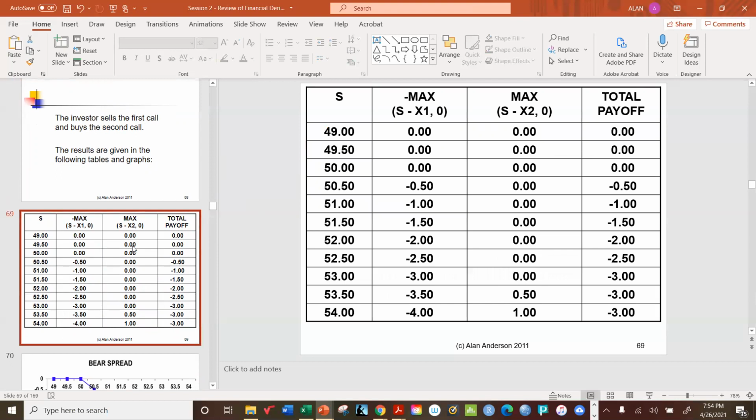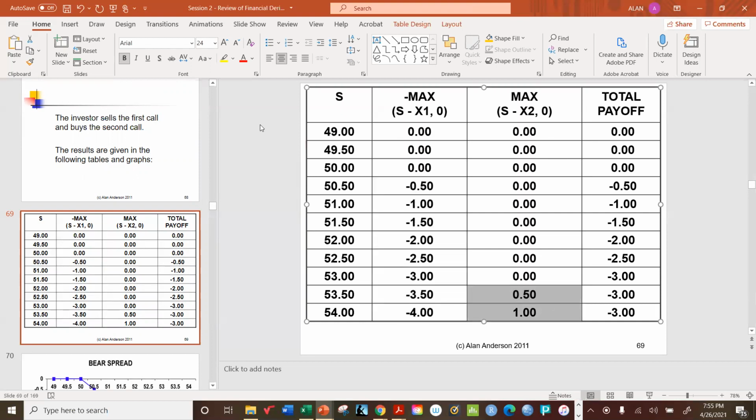If you look at this chart of payouts, you can see that here we're clearly selling the call, and here we're clearly buying it. So when the option's in the money, all these payouts are negative. And for the second option, the 53 strike call, when the option's in the money, we have a positive payoff.